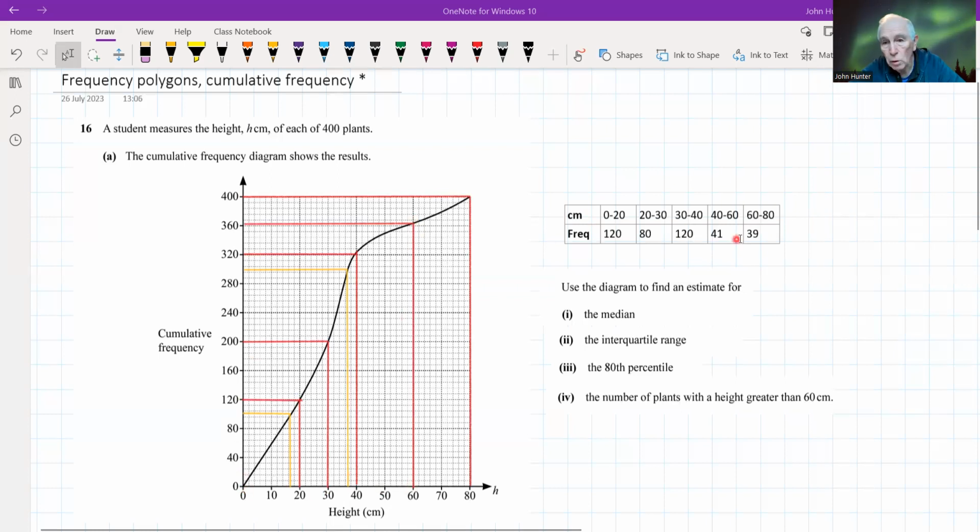And then, of course, the whole lot, that's 400 plants. It is a 0 to 80. So in this whole area, 0 to 80, this is the block that represents that. So we've got these 5 blocks, but of course they are cumulative.